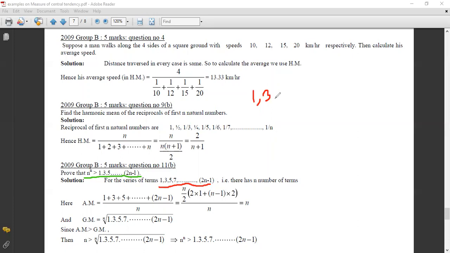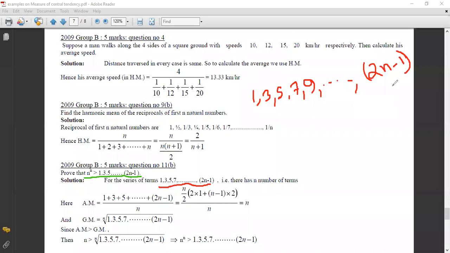So there are numbers 1, 3, 5, 7, 9, etc. up to 2n minus 1. First of all, we have to know how many numbers are there actually. কতগুলো সংখ্যা আছে 1, 3, 5, 7, 9, but up to 2n minus 1. How many numbers are there? That is the most important task to do.